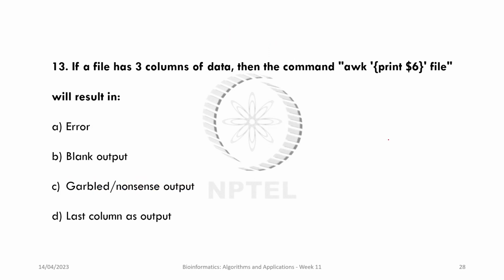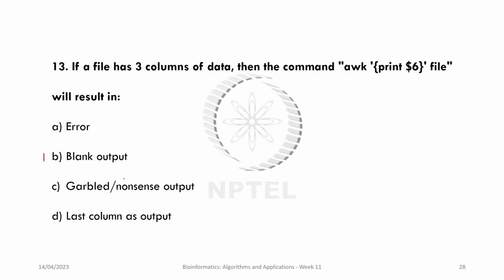Question 13. If a file has three columns of data, then the command awk print $6 file name will result in: option A, error; option B, blank output; option C, garbled or nonsensical output; option D, last column as output.